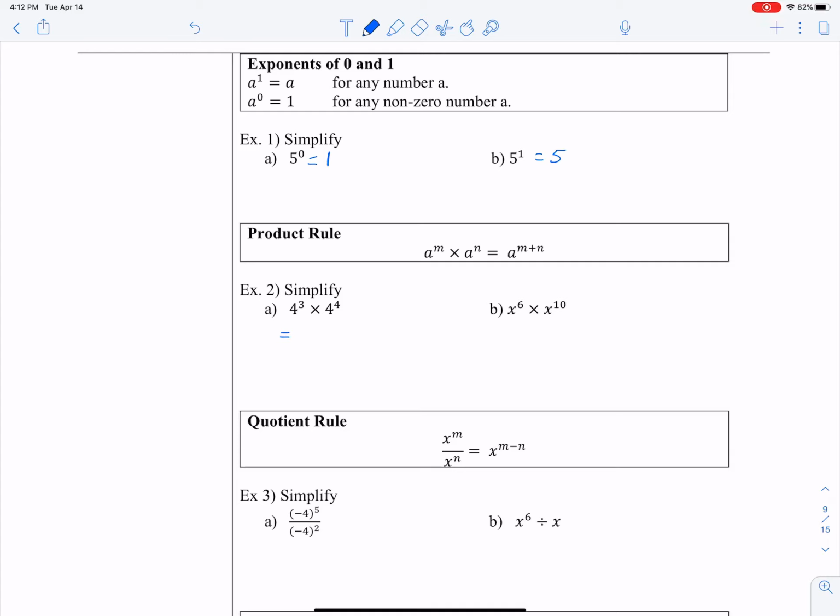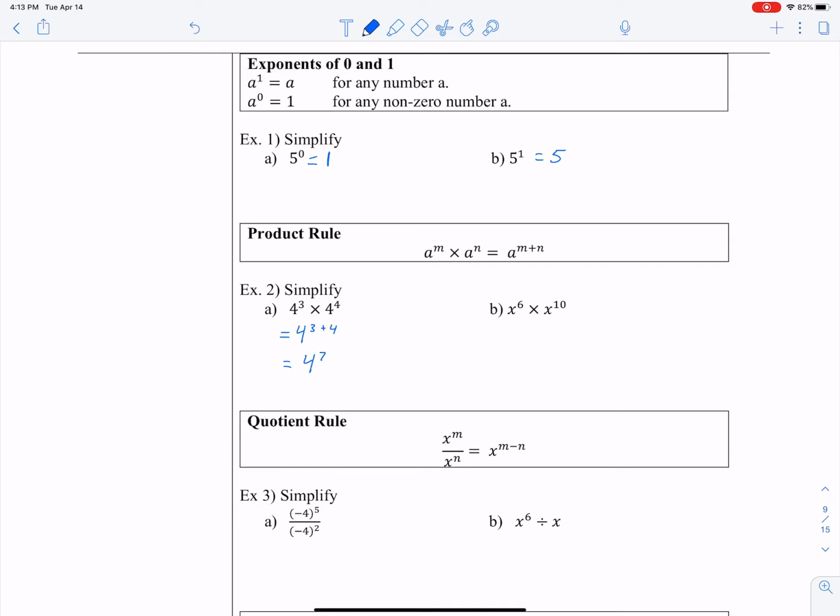So what we can do now is say 4 to the 3 plus 4. We've taken our exponents, our 3 and our 4, and now we're adding the exponents. So if the bases are being multiplied, then you can add the exponents. And this becomes 4 to the 7.